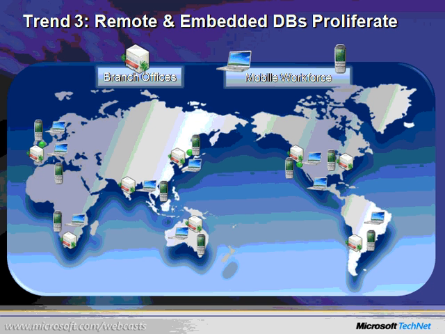The final trend that we see impacting manageability is remote and embedded databases. While we see the consolidation happening in the data center at the enterprise level, there's still a large amount of data residing out at branch offices. I was talking to one customer that manages chain restaurants across the U.S. They're a holding company.